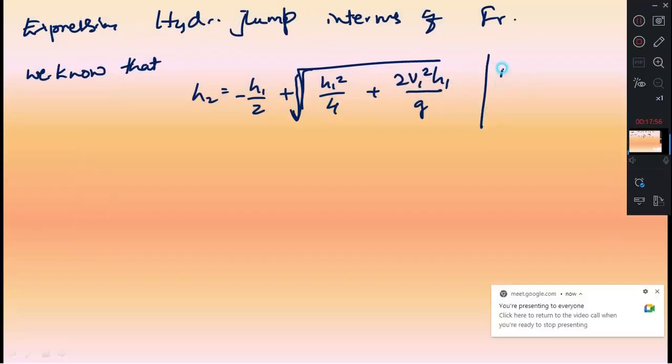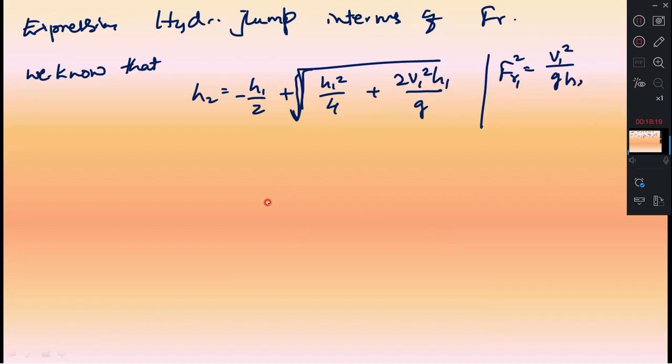The Froude number Fr square is equal to V square by G D. D here becomes H for a rectangular channel. So V square by G H, and we are talking about Fr1. Then this H will be H1 and this V will be V1. That we will substitute here. What is that? V1 square by G H1.